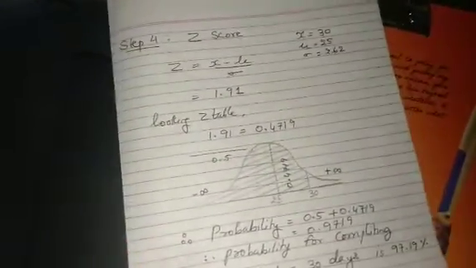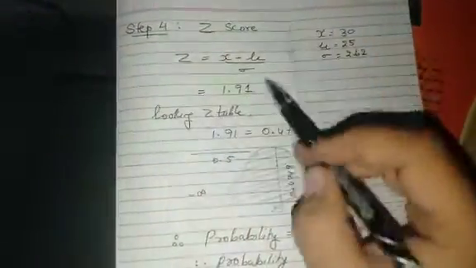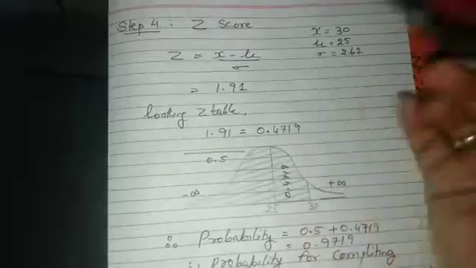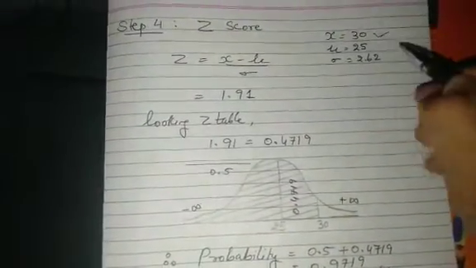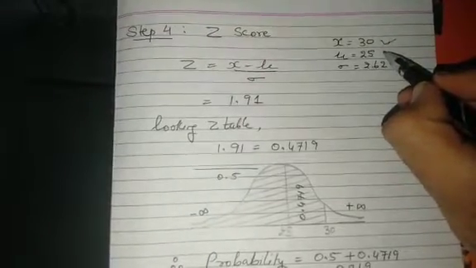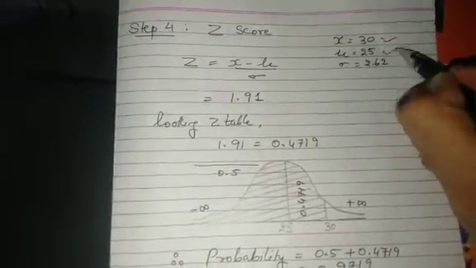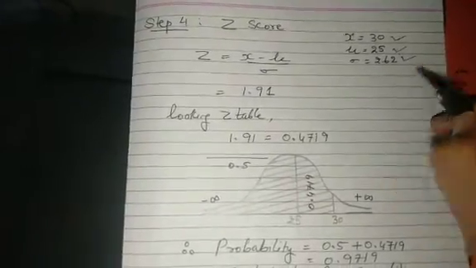After finding the standard deviation, we would be moving to our next step, that is step 4. We would be finding the z score. So as I have written, x is given in the question, that is 30 days, mu is our total critical path, that is 25 days, and standard deviation we have found out, that is 2.62.